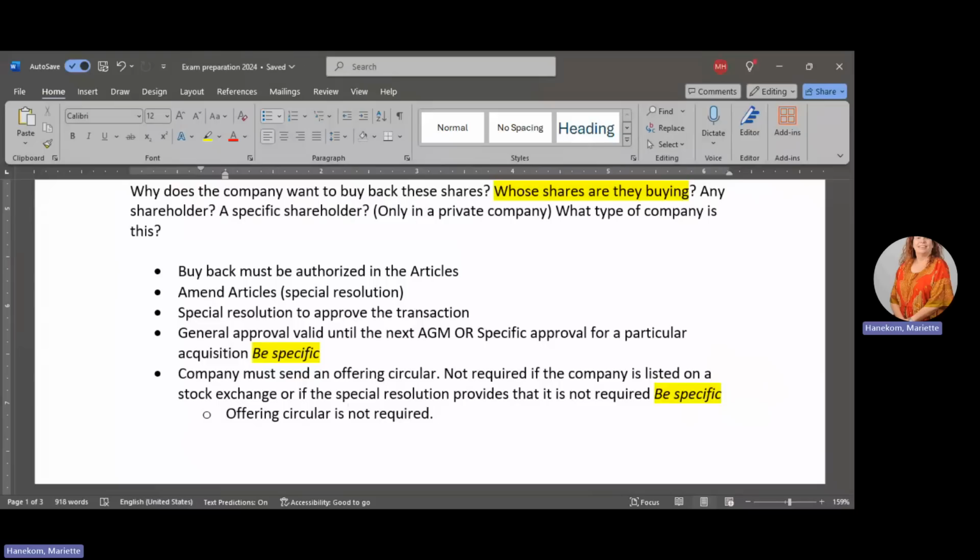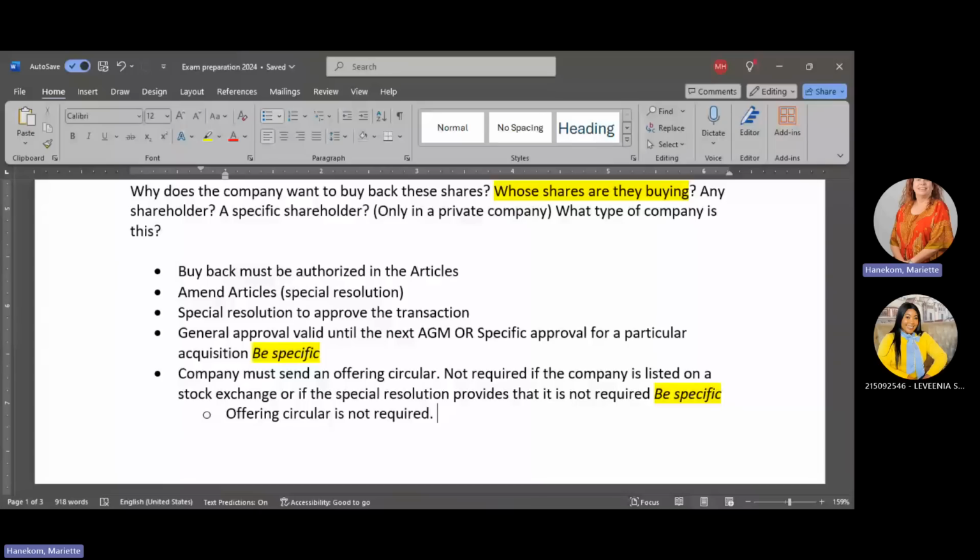The offering circular, that's like a letter, an offer being sent to all the shareholders of that particular class that is affected to make sure that they all have the opportunity to participate in this offer if they want to. But if it's just Johnny's shares that are being bought back, they don't have to send an offer to Susie and Peter and whoever else. So in that instance, the need for an offering circular will be excluded in the special resolution.